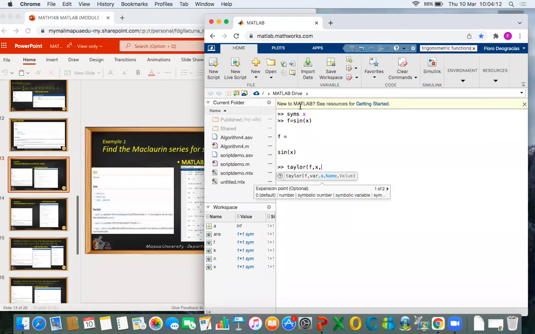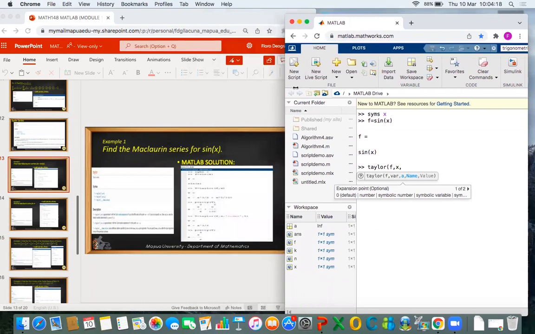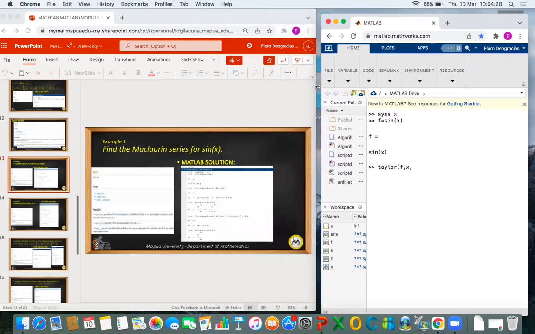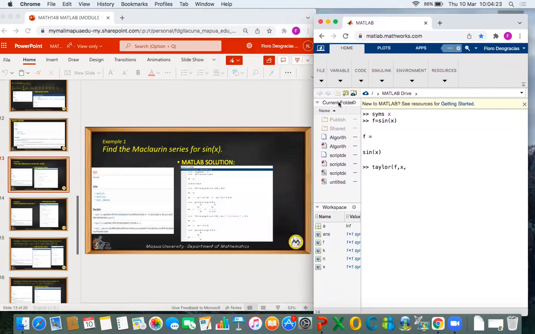Then we start with, what's the lower limit? Sorry, there's no lower limit here. So the syntax is Taylor, open close parenthesis, f and x only.